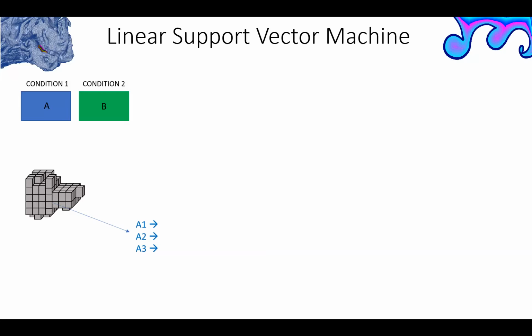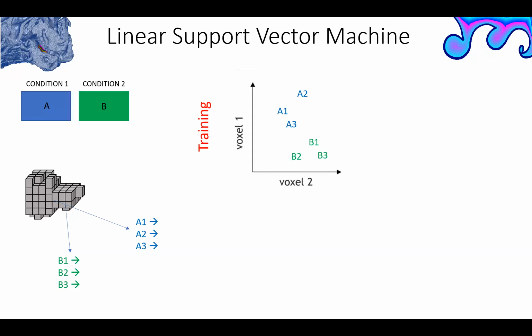So we can assume that we've got 3 trials for condition A and 3 trials for condition B. And the way SVM works is it replots your amplitudes in a multidimensional space whose dimensions are the voxels. So here's an example on a very simple 2-dimensional space where we replot the activity elicited by all the trials of condition A and B in this new space where my dimensions are voxel 1 and voxel 2.